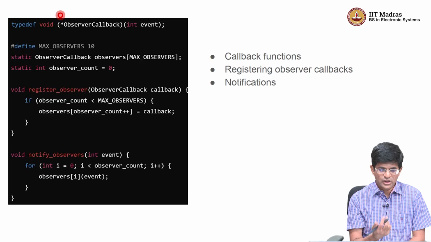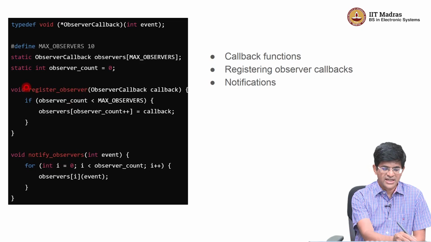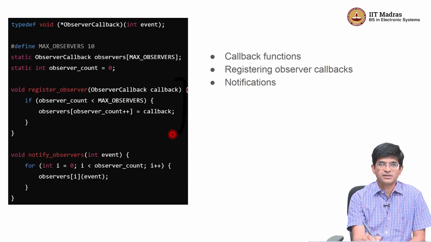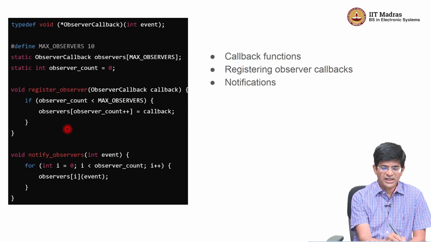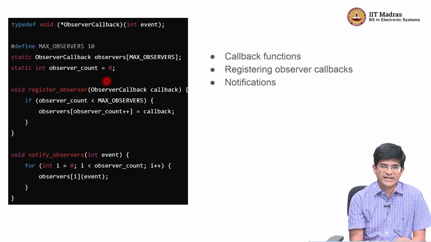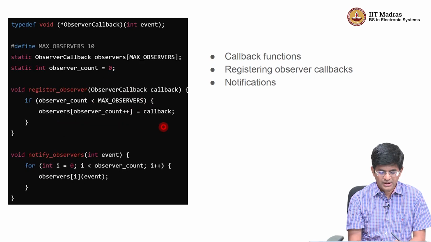Each time you want to register one of those functions as somebody that needs to respond to a particular event, you have the ability to add this callback function, which is basically an observer callback as defined over here. You can add this into the code that you have already written.